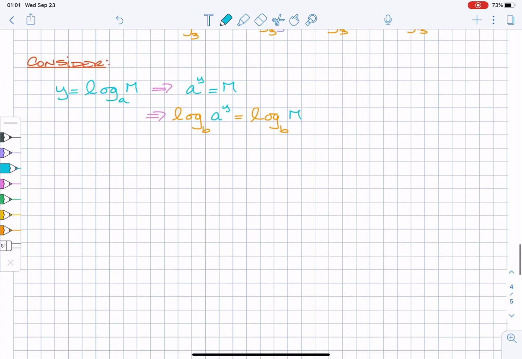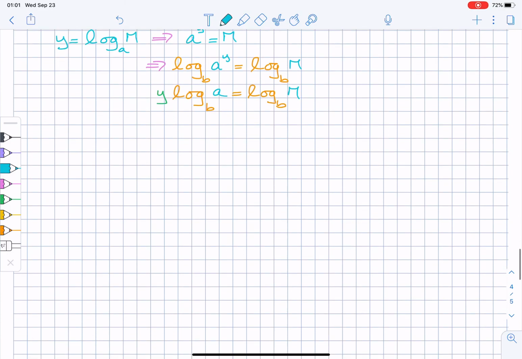So far so good. Well, I can bring out the exponent on the left. So I can write this as y times log base b of a, and that'll be equal to log base b of m.